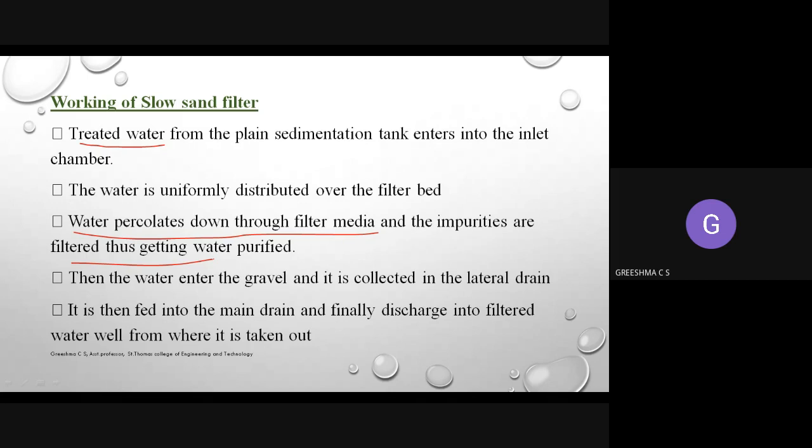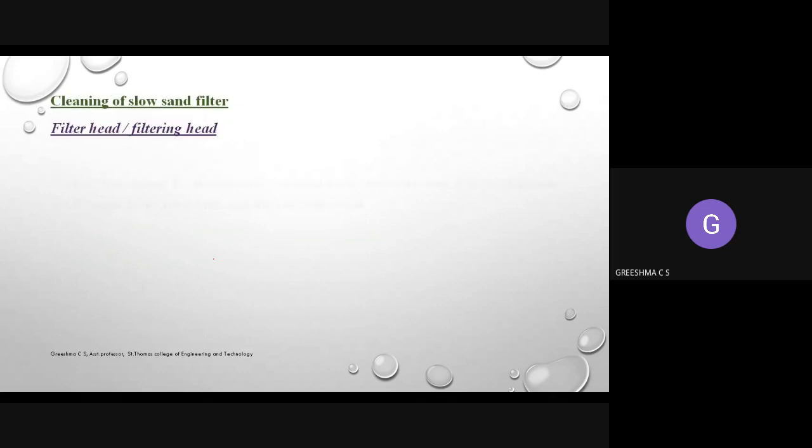From there it is fed to the main drain and finally to the discharge pipe, into the filtered water well. So that's the working of slow sand filters.